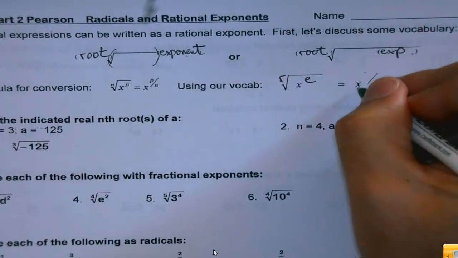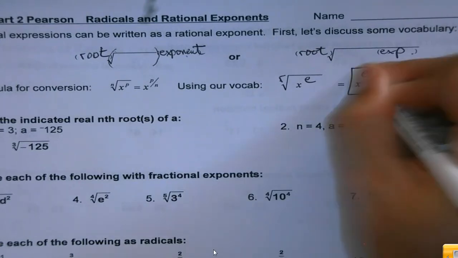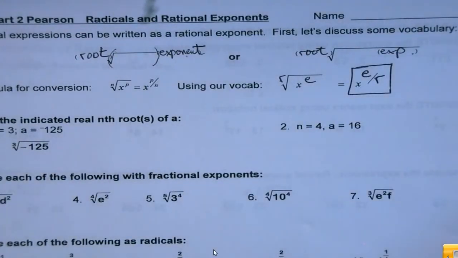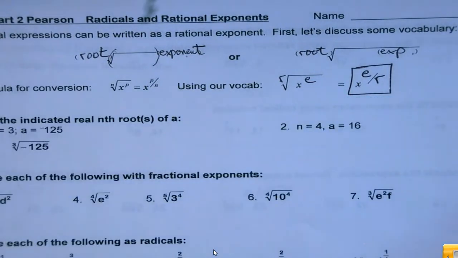And when we're going to the exponent, it's exponent over root. That is what we need to lock in on, because we're trying to get this into a format where we could put it into a calculator or use our brain or use our newly found chart to our advantage.